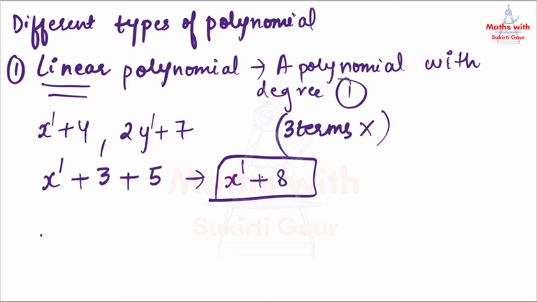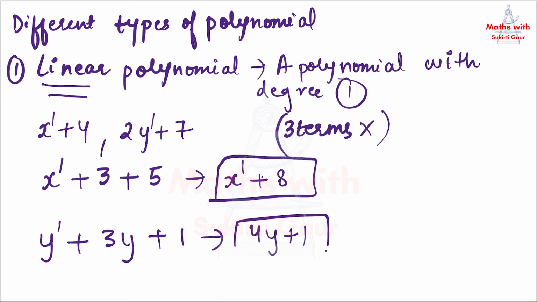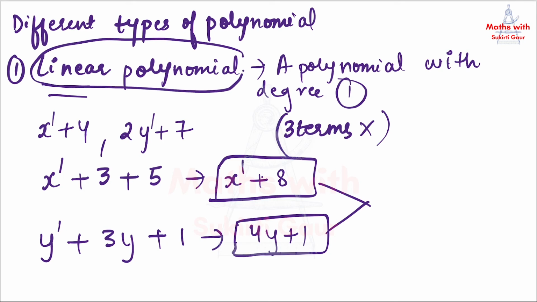Similarly, if I write y to the power 1 plus 3y plus 1, it is nothing but 4y plus 1. Hence, we are going to end up with only 2 terms. There is never going to be a 3-term polynomial in a linear polynomial category. I hope it is clear.